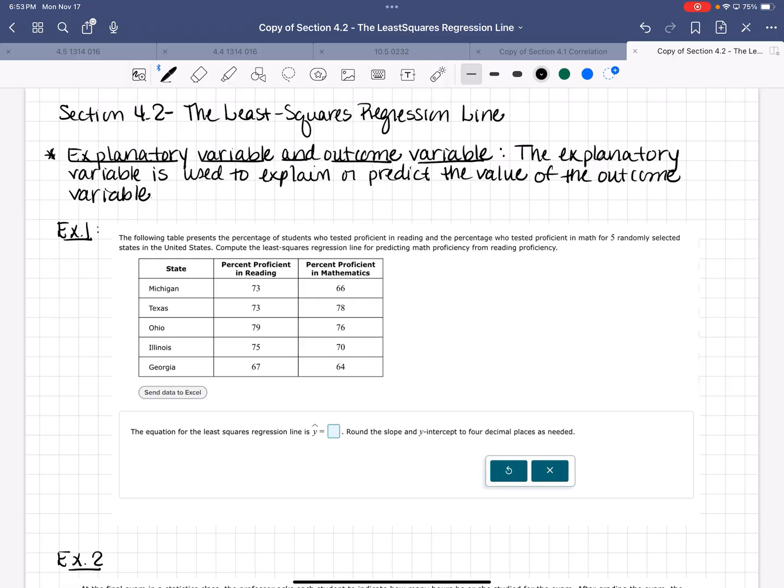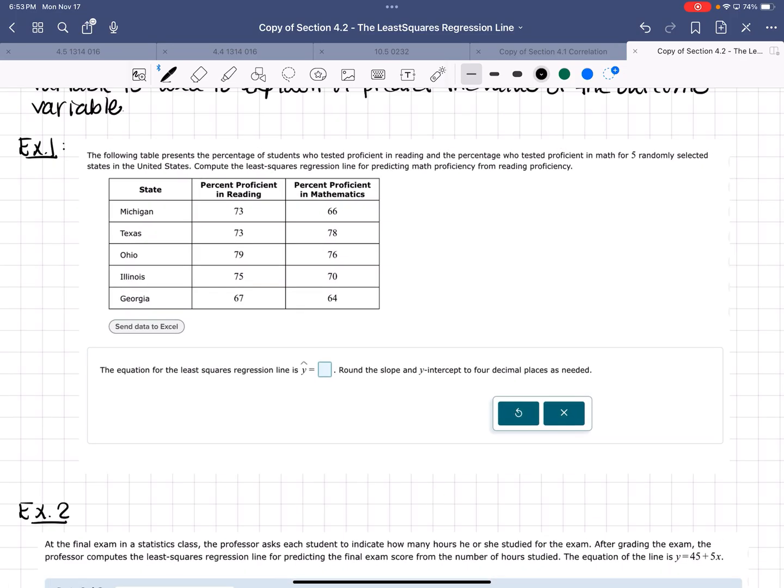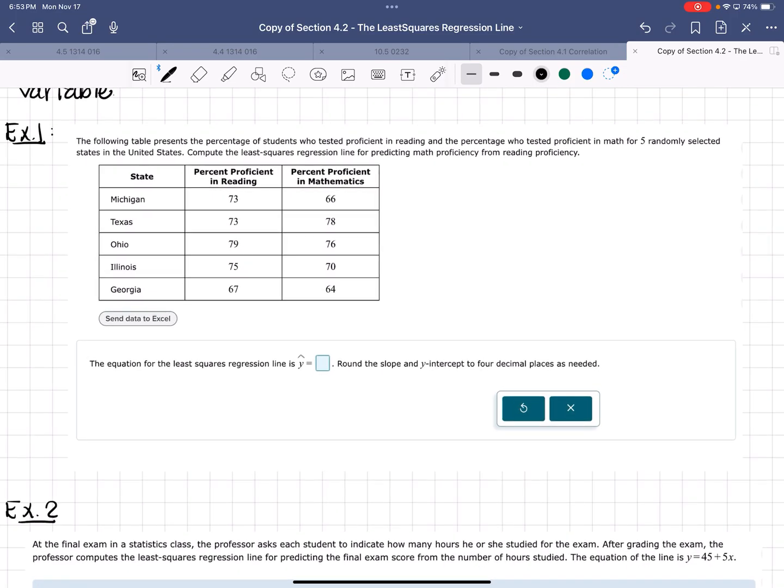So I was like, okay, no, we're just gonna write that definition because they're just testing a definition, okay? Example 1, the following table represents percentage of students who tested proficient in reading and the percentage who tested proficient in math for 5 randomly selected states in the United States.